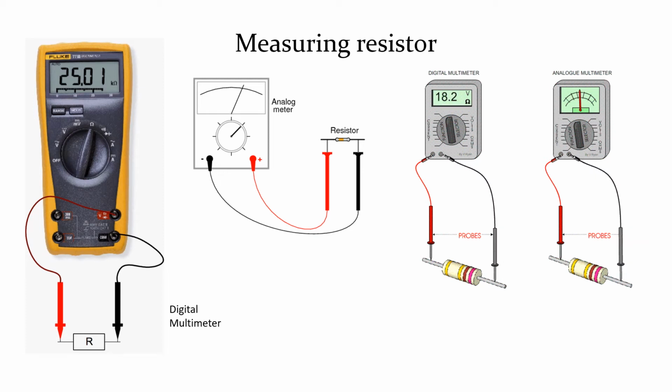The positive terminal we put at one terminal, and the negative terminal we put at terminal 2 of the resistor. This is how you measure the resistance using the multimeter without turning on or connecting any power supply to the resistor.